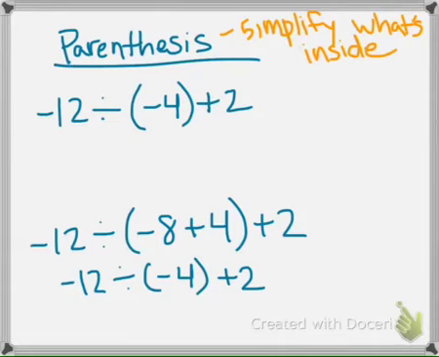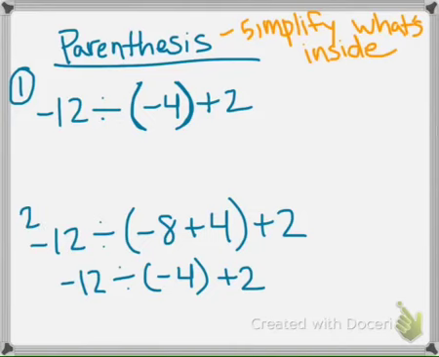So in this first problem, we have negative 12 divided by negative 4 plus 2. We simplify what's on the inside of the parentheses. Right there, we just have a negative 4, so we can't really simplify that at all. Negative 4 is just negative 4.